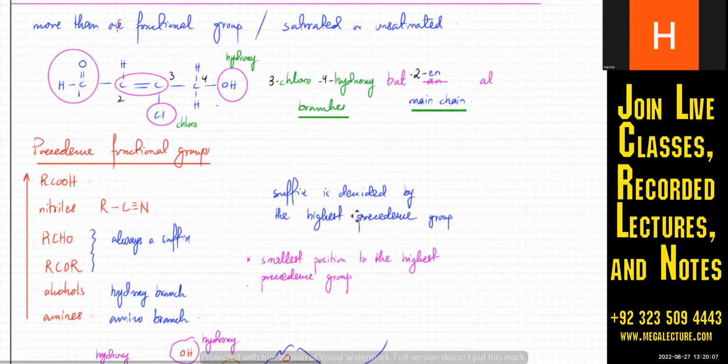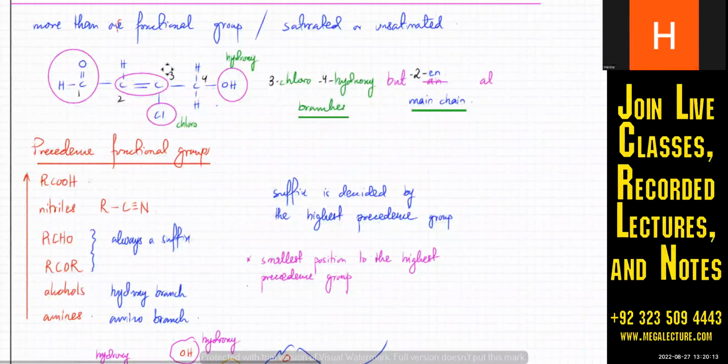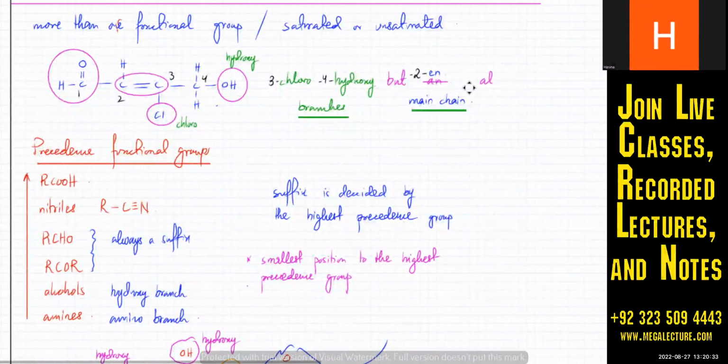For example, if you have this molecule in front of you, you would notice that it's got an aldehyde, an alkene, a chlorine, and an OH as well. So which is the highest precedence functional group? Alcohol is over here, and aldehyde is right over here. So aldehyde has the highest precedence, which is why the suffix of this molecule is going to be aldehyde.